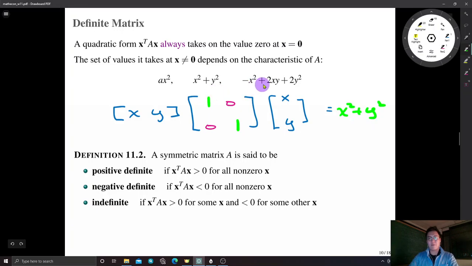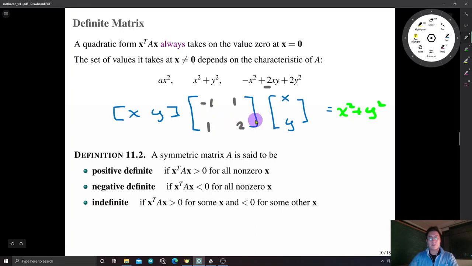And finally, for the last one, the matrix inside is going to be, with minus 1 and 2. We have 2 for xy, so equally divide that number: assign 1 and 1 to these two off-diagonal entries, and then we can make that symmetric.